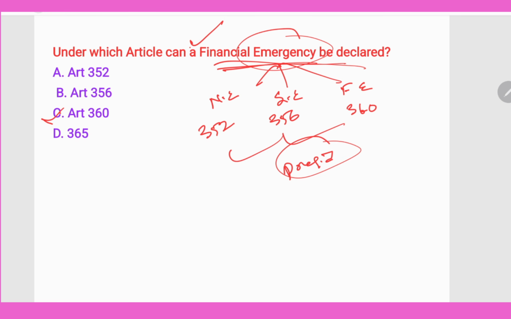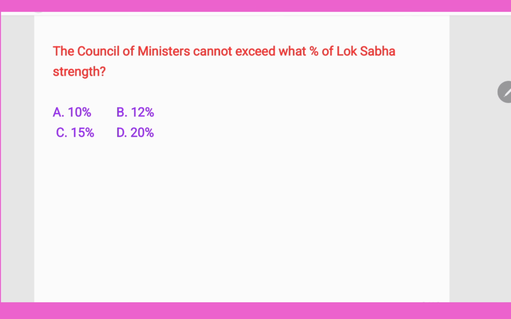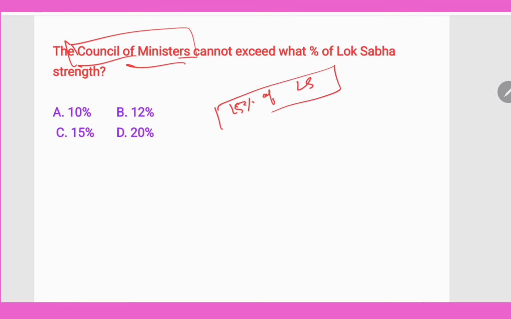Next question, the Council of Ministers cannot exceed what percent of Lok Sabha strength? The Council of Ministers. Recently, Dharmendra Pradhan resigned from the Council of Ministers, and it is 15% of Lok Sabha. 15%, option B. Maximum 15% of Lok Sabha.